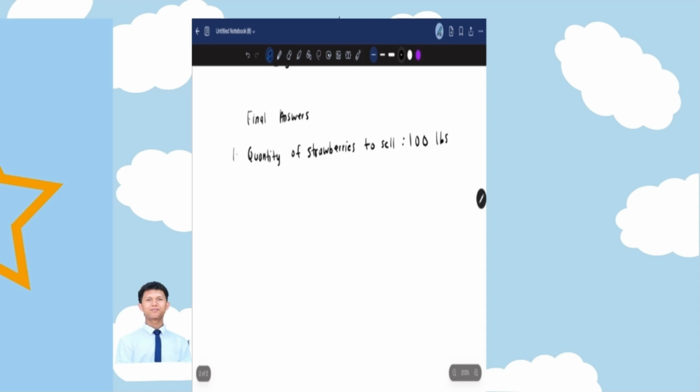Because x is the quantity of strawberries and the x we got just now is 100. And second is the maximum profit, which the answer will be $500. So here's how to solve this question.